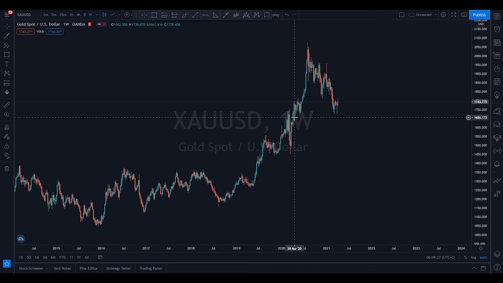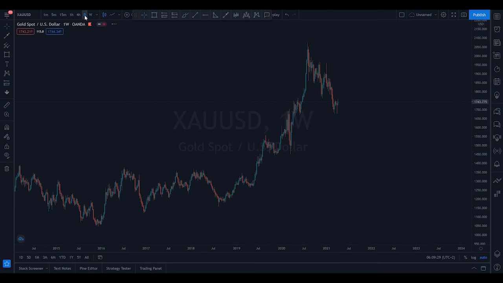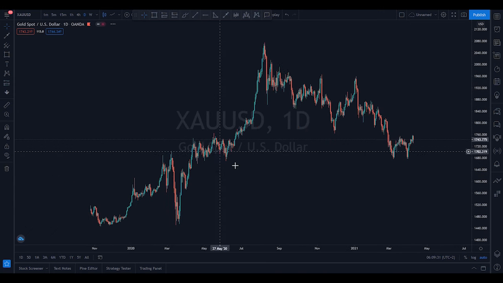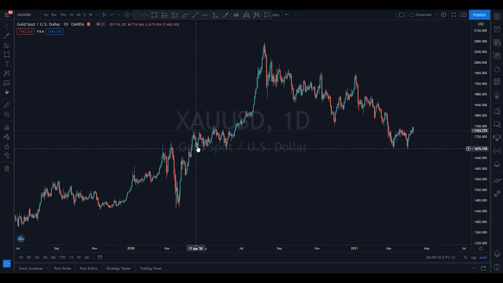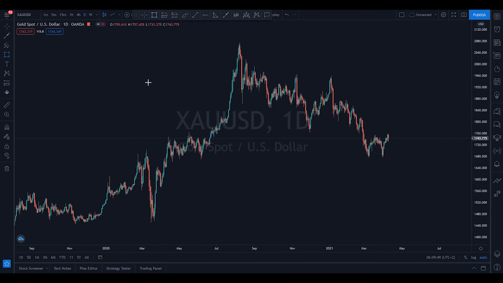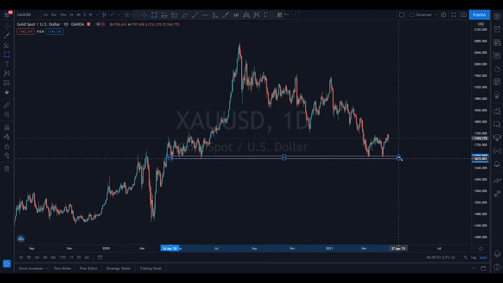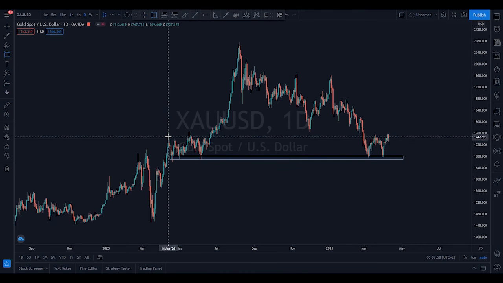To see this clearly, on the daily time frame our price here was being prevented from going to the downside, and then here it was being resisted from going to the upside until it broke and continued going to the upside. So these areas are my support and resistance.